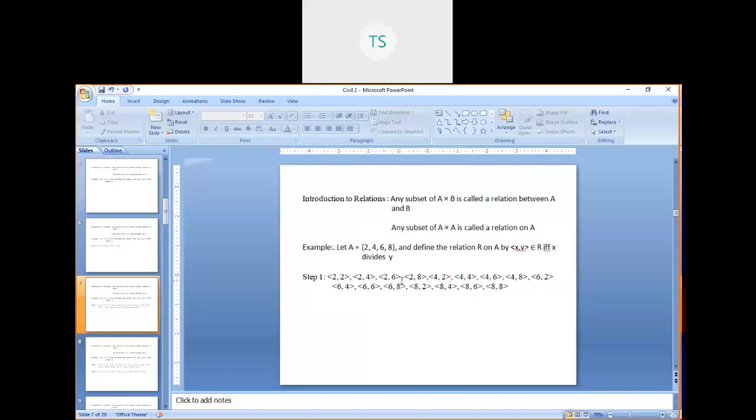From these, you have to choose only those pairs which satisfy this particular condition, that x divides y. That means the first element divides the second element. So can you give me some ordered pairs which will satisfy the above relation? Anyone?